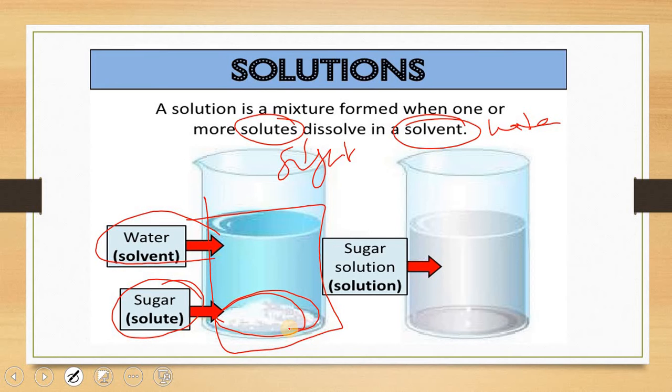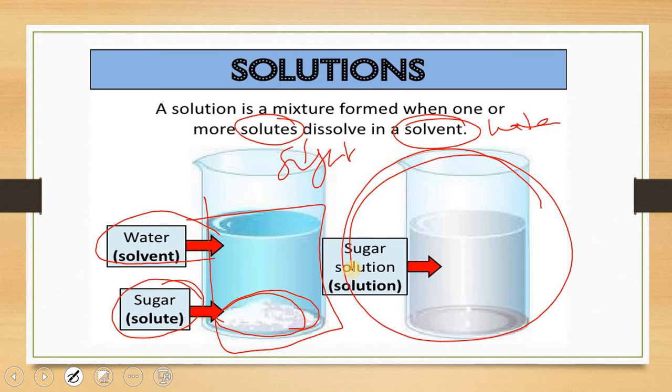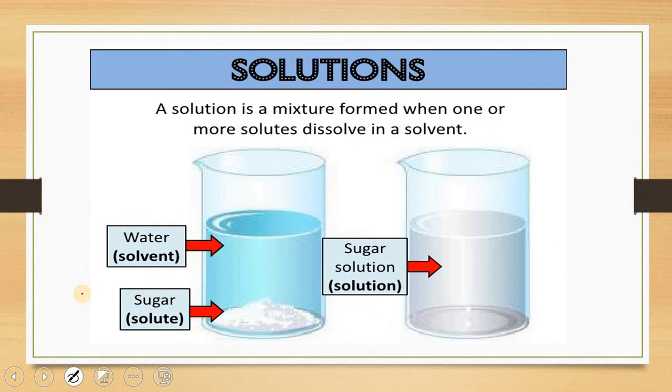So when you mix this solvent and also solute, then you're gonna get a solution of sugar. Okay, sugar solution. If for example I have here salt, then I'm gonna get salt solution. Or any other form of solution. So if we have contohnya macam syrup, so syrup and water you're gonna get air syrup. So that's what it means by solution.